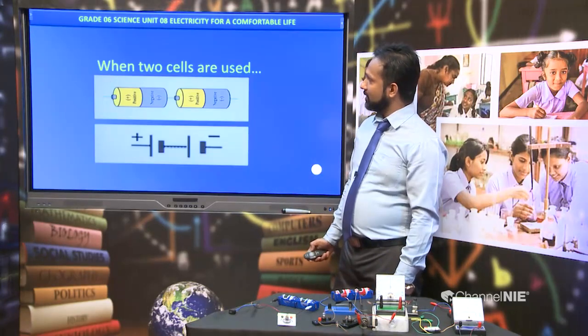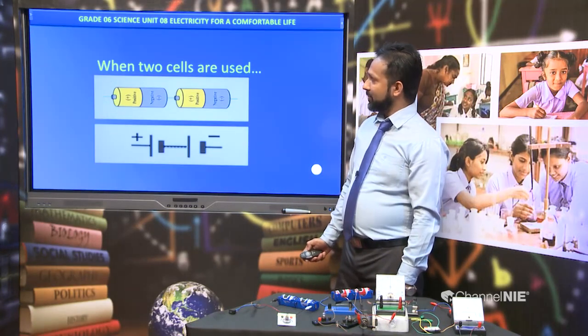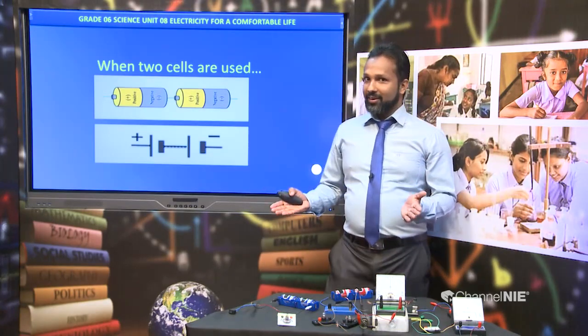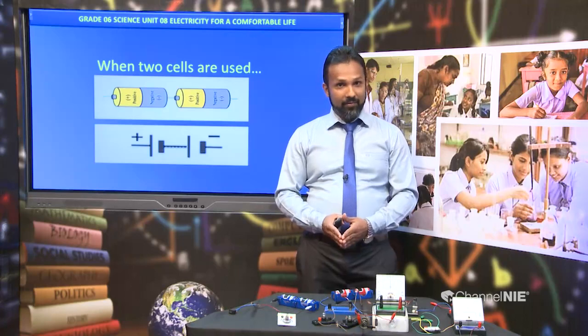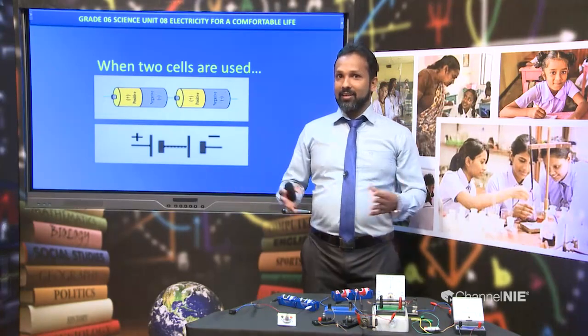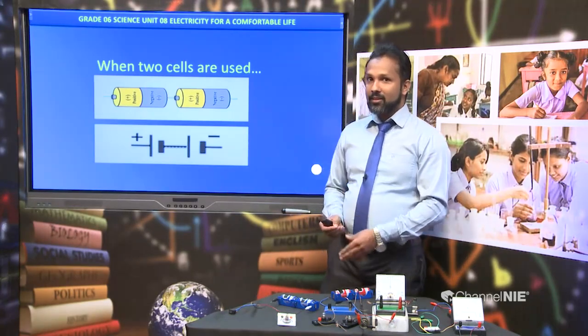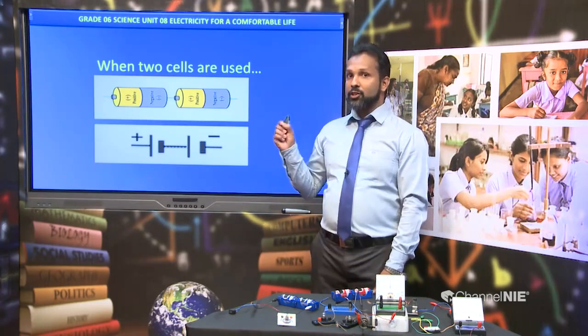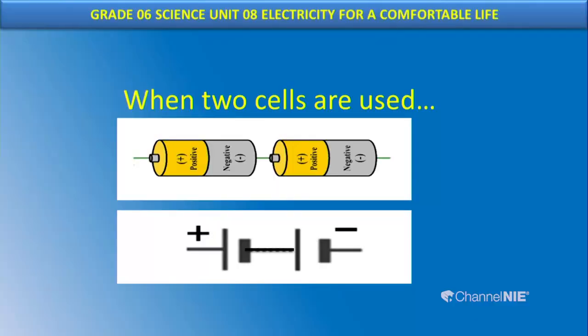Let's move to the battery. Can you remember the difference between a cell and a battery? I told you earlier. A cell is a single cell. A battery consists of two or more cells. Here you can watch two dry cells connected.